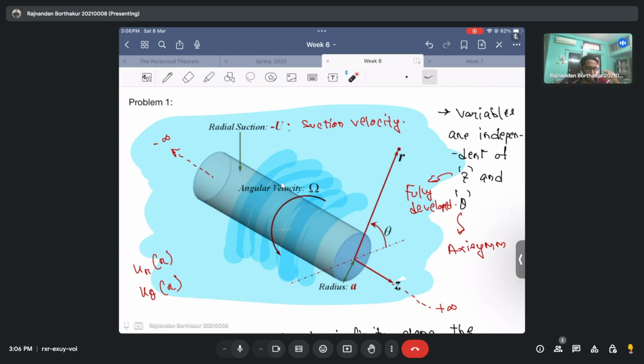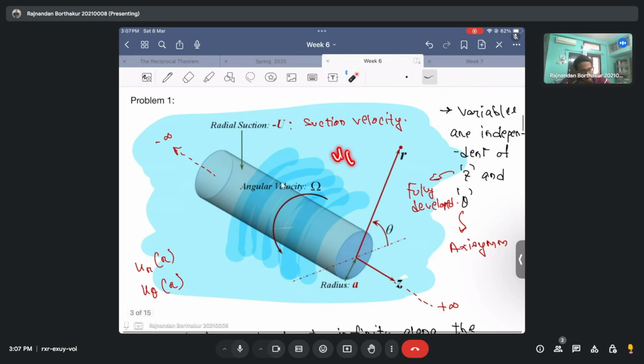In other words, the flow field is not a function of theta, and that's why the pressure and all other pertinent variables were independent of theta. So if we consider these two assumptions, we saw that the velocity field we are solving for, u theta and ur, were just functions of r, and that simplified our analysis to an extent.